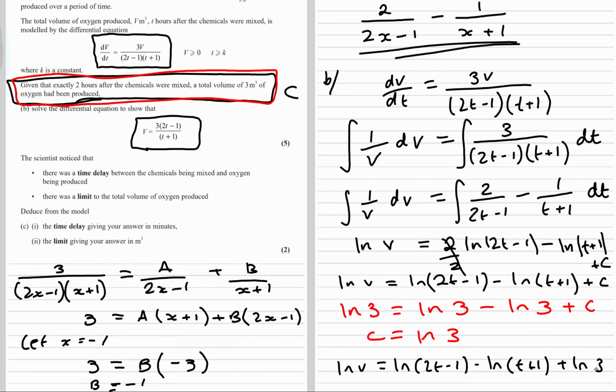And now it's just a case of getting it into the right form. So when we have 2 logs added, we can times them. And when we have a takeaway, we can make that into a divide. So I'm going to need to go onto a new page.